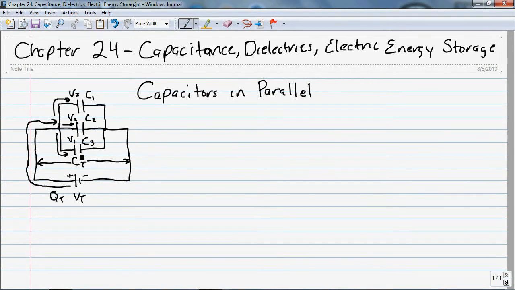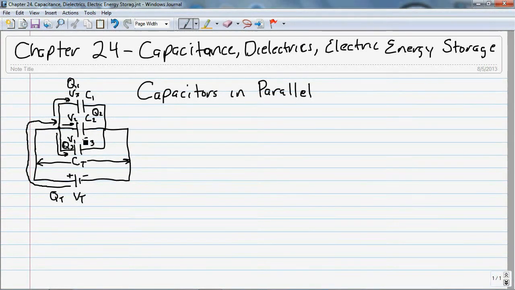So you can have a charge Q1 on capacitor C1, or I'm sorry, that's C3. Do C1 over here. So you can have Q1 here, amount of charge. C2 can have Q2 amount of charge, and C3 can have Q3 amount of charge.